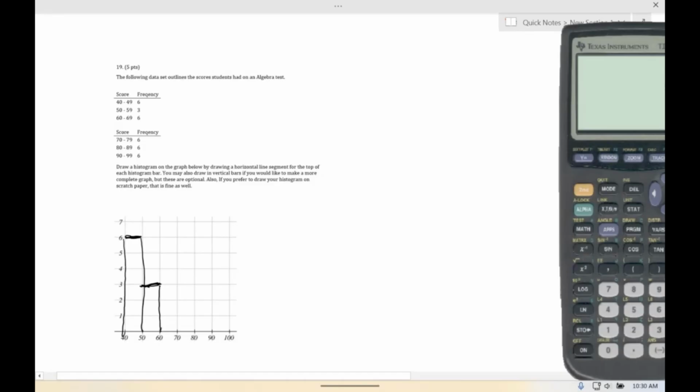That's the frequency. For 60 through 69, we have 6. I'm going to draw my bar at 6. In the interval range from 70 through 79, there's 6 again. 80 to 89, there's 6. And 90 to 99, there's 6.